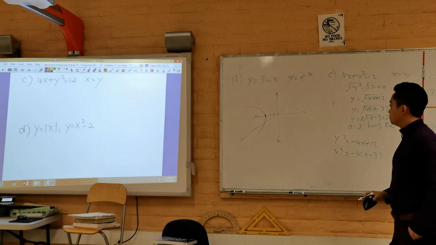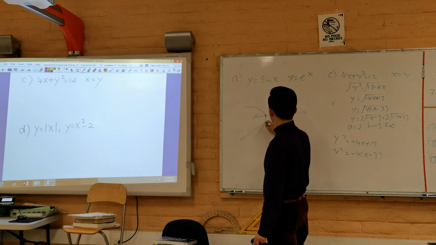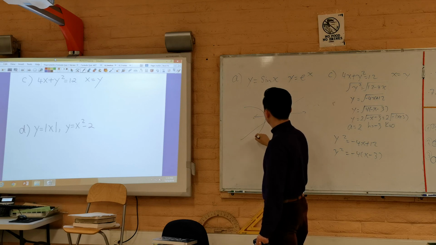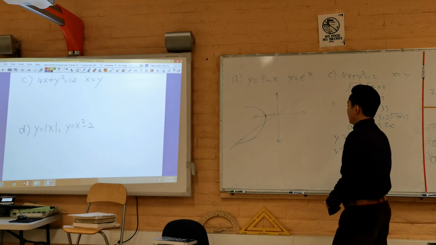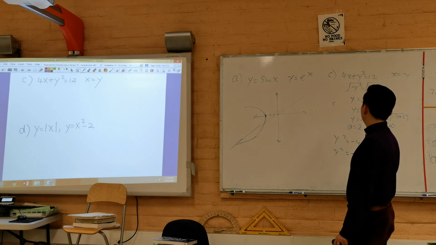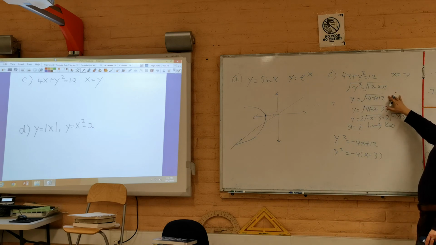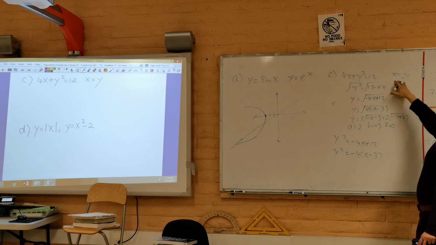And now you want to find out the point where they intersect. So in order to find out the point where they intersect, you want to set those two equations equal to each other. So we do have y equals the square root of negative 4x plus 12, and y equals x.